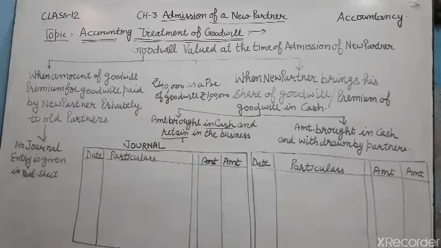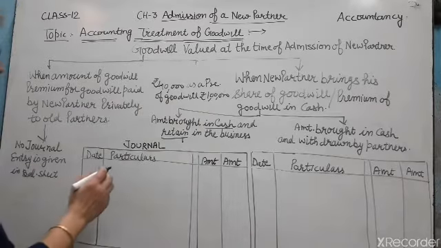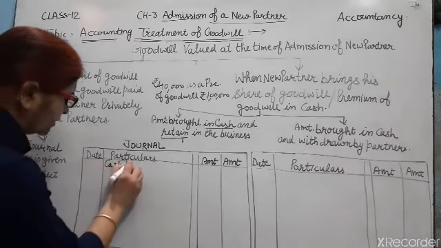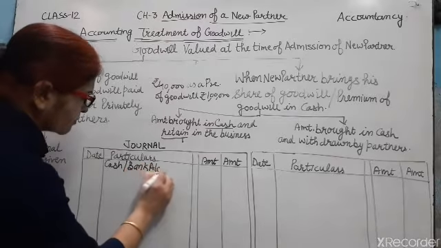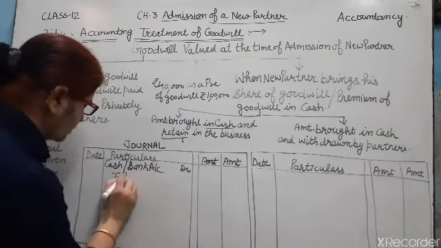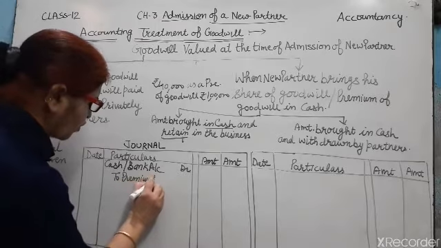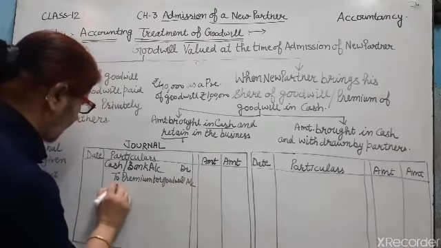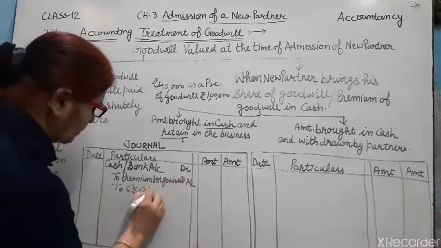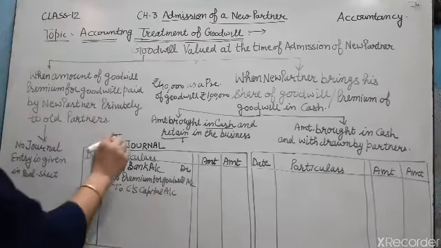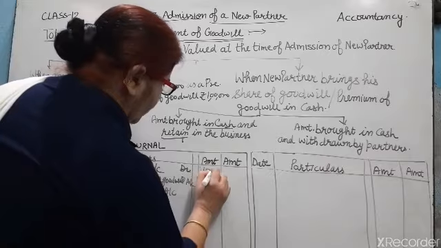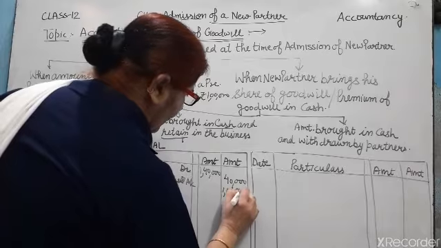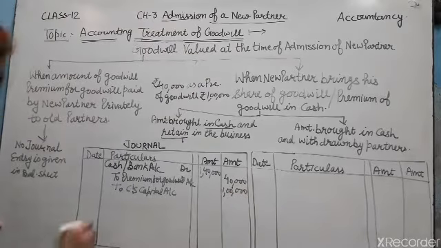By this the cash of the firm increases, so the journal entry is cash account or bank account debit, to premium for goodwill account and to C capital account. Total cash brought by C is 1,40,000: 40,000 is premium for goodwill and 1 lakh is for his share of capital.